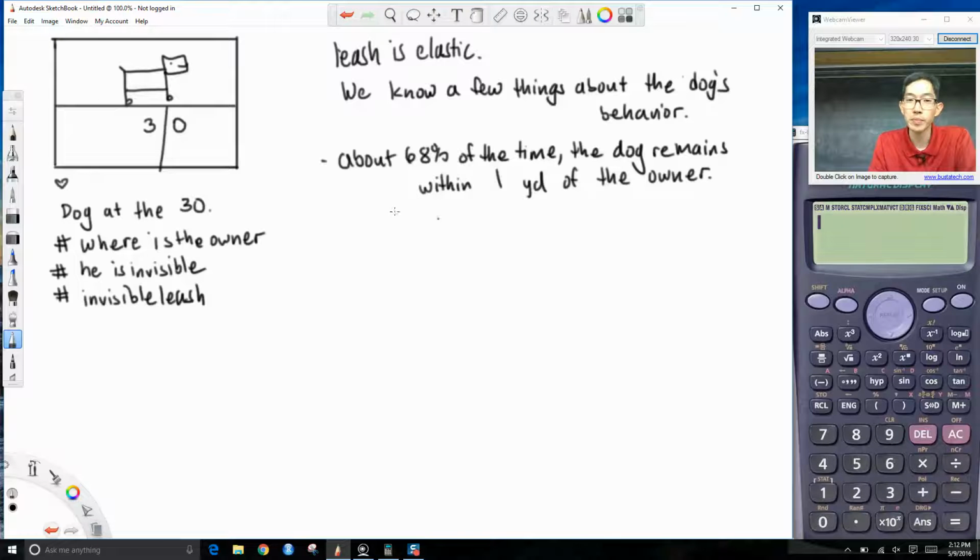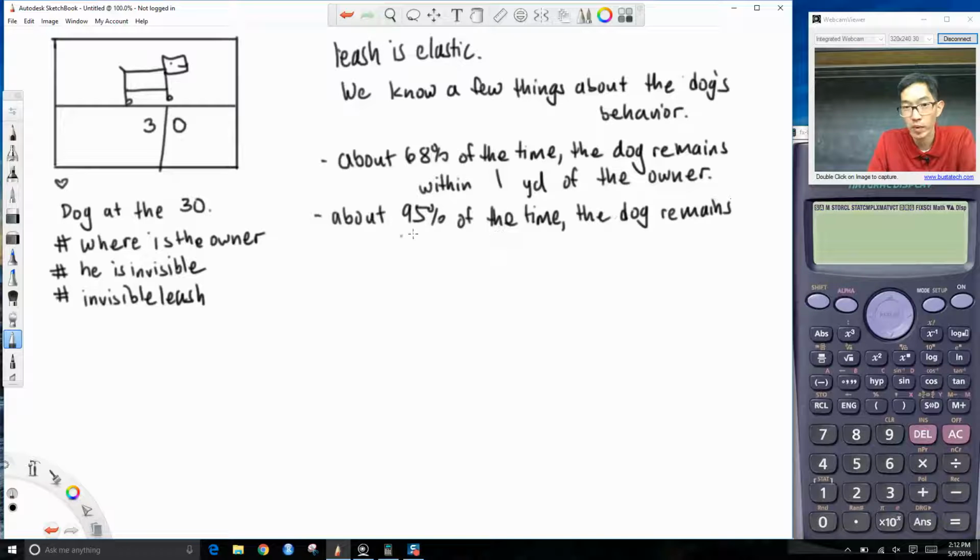Okay, and then about 95% of the time, and you guys probably know where I'm going with this, the dog remains within 2 yards of the owner.